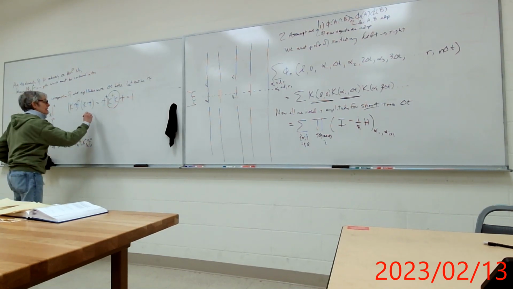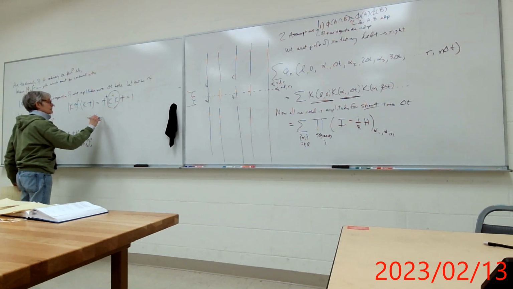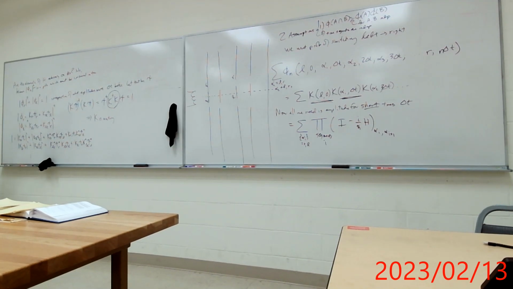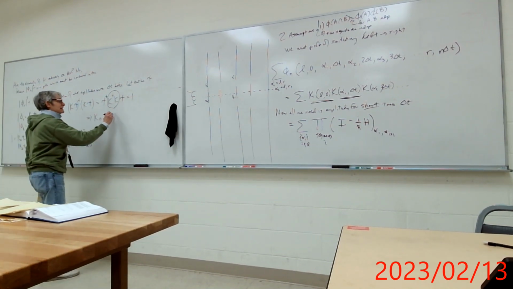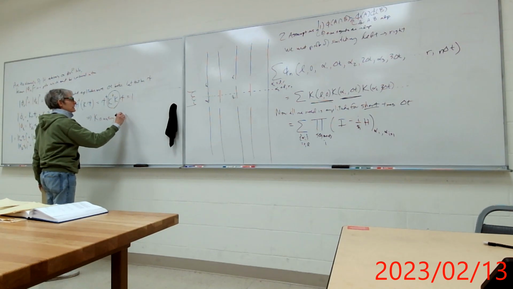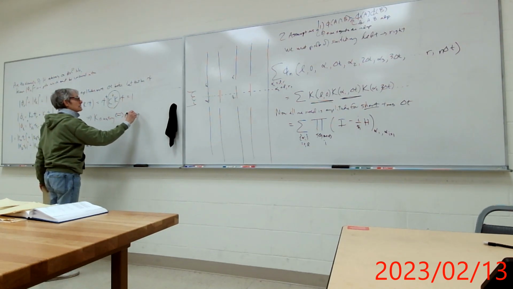So K is unitary. Ta-da! And if K is unitary, that's the same thing as saying that probability is conserved in time.